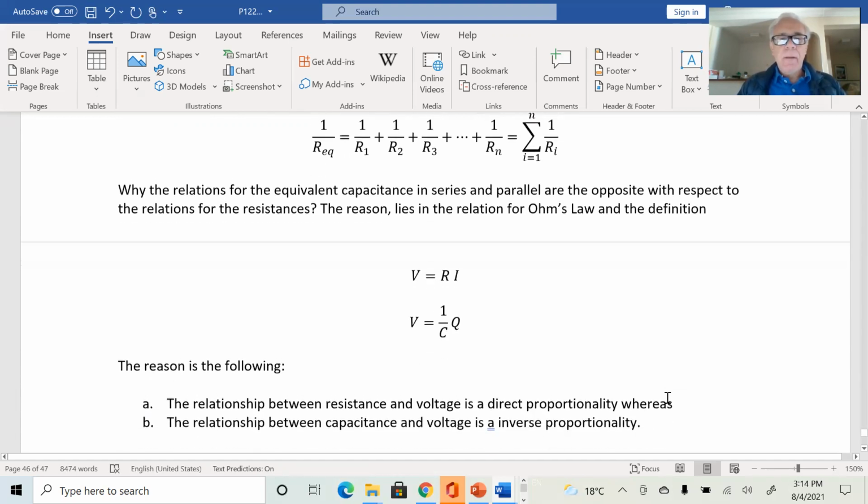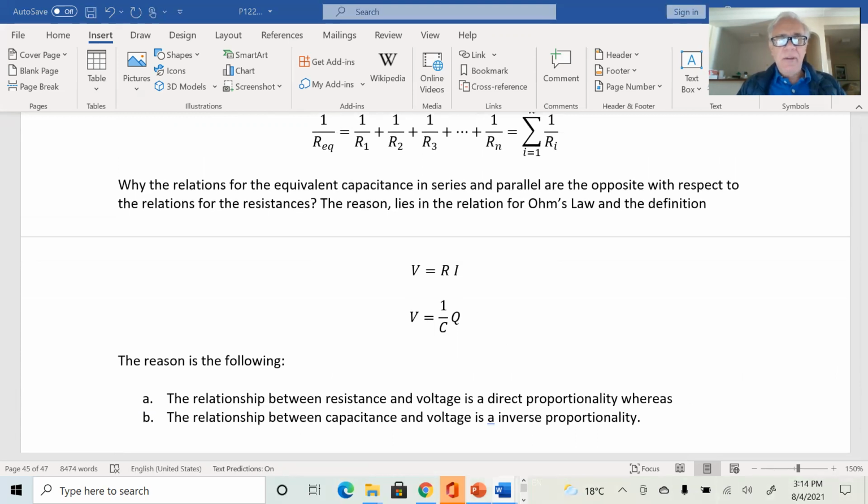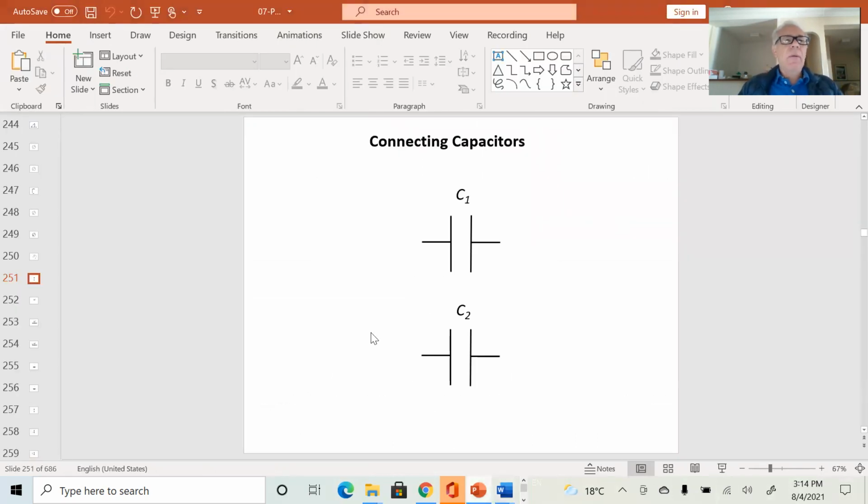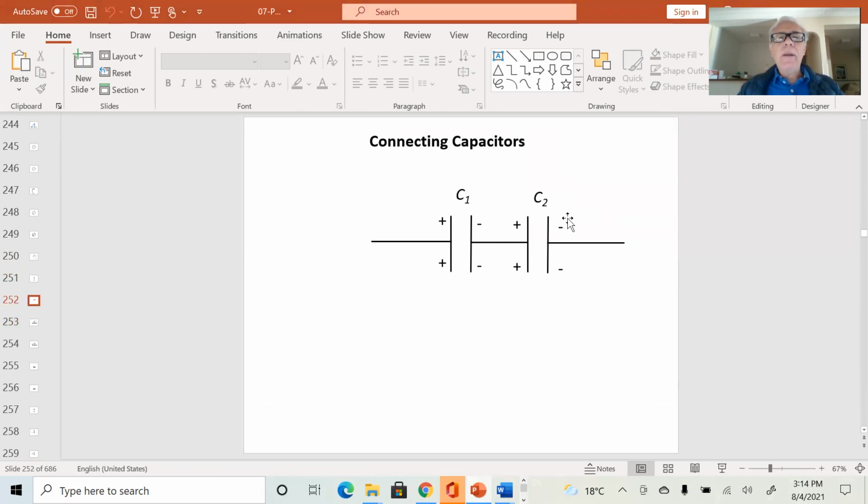Okay, so let me show you here a circuit with capacitors in series. If we have two capacitors, this can be extended for n capacitors as well. Capacitors C1 and C2, here you go. We can connect them in series to a battery.